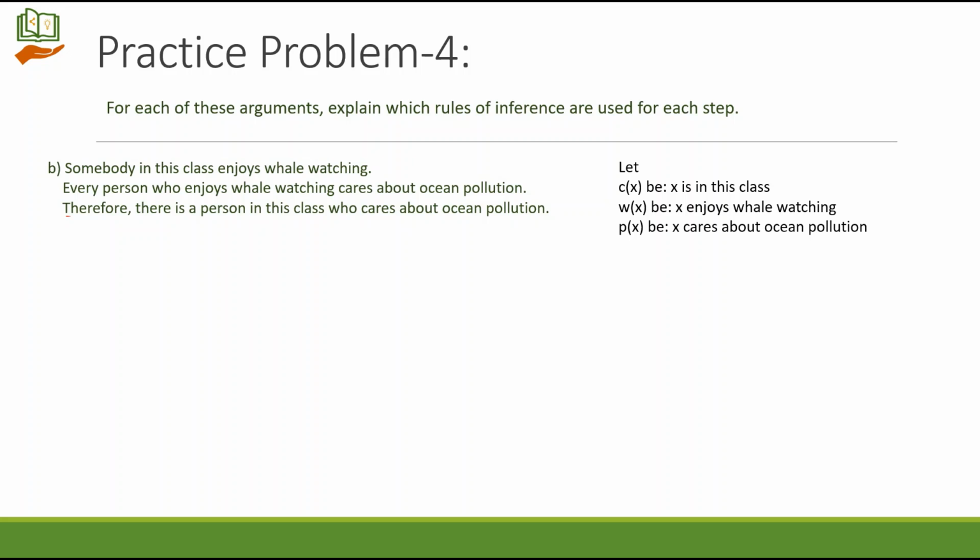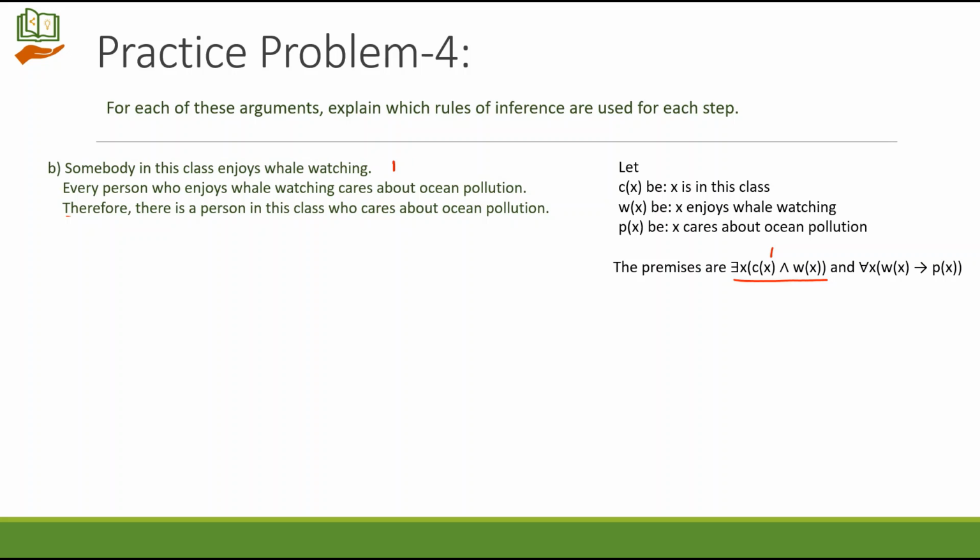Now how will we frame the premises? Somebody in this class, so it is existential quantification with C of X, enjoys whale watching means W of X. So this is premise 1. What about the second premise?